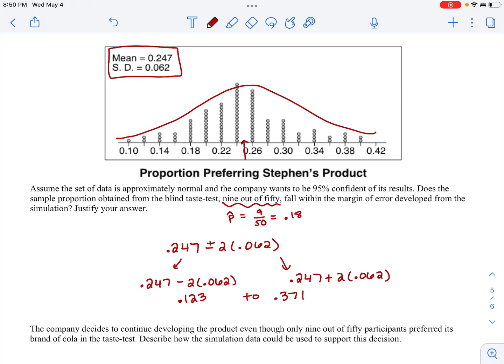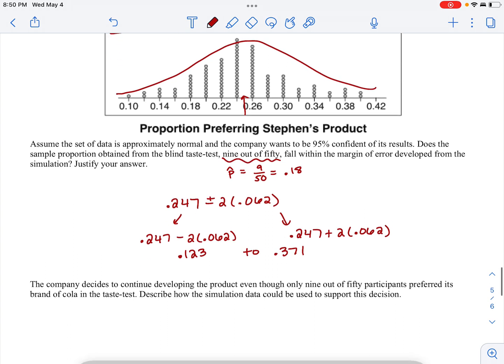So 0.18 would fall in that interval. So we can say here, yes, 9 out of 50 does fall within the margin of error.